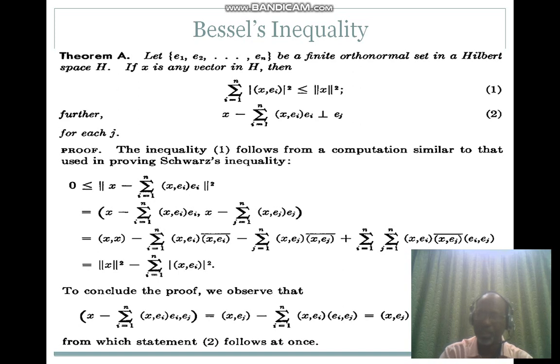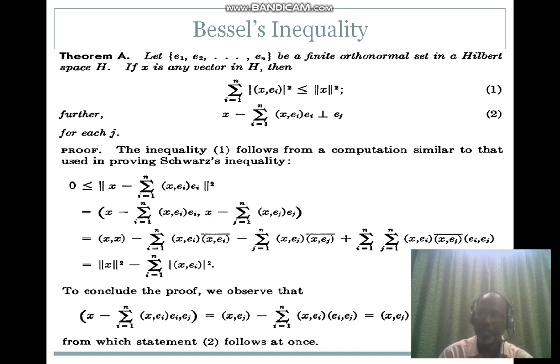And if you look at the last summation, when I keep i constant as 1 and vary j from 1 to n, only ei comma ei, that is e1 comma e1 alone, will be there, and the rest of the values will become 0. So when I keep i at one value and rotate through all the values of j, only one value is non-zero, the other values are 0.